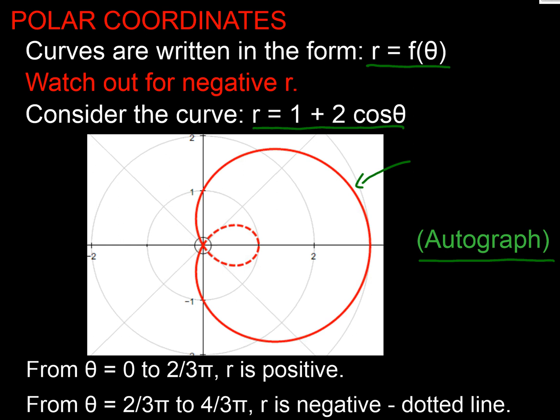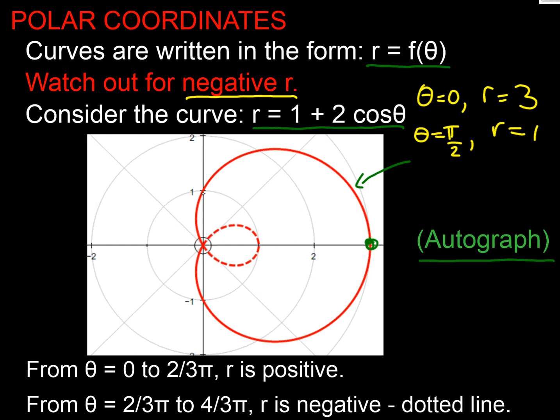Because what's really important is our problem we have here where r becomes negative, because I said r would have to be positive, didn't I? So if I have theta equals 0, then cos theta is 1, so r equals 3. So I've got this point here. There we go. Now if I take theta to equal pi by 2, then cos theta is 0, so r is 1.